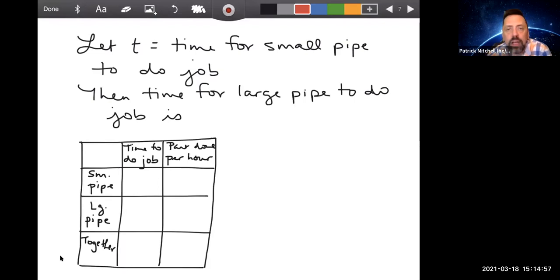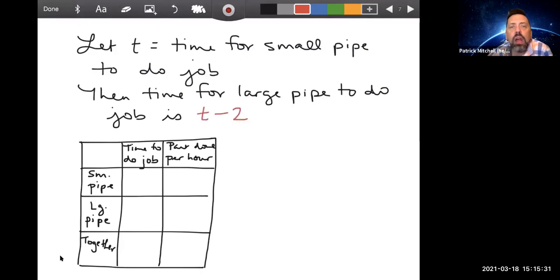Okay, so my first question for you is, if the time it takes the small pipe to do the job alone is called t, then what should we call the time for the large pipe to do the job alone? Well, the problem said that it takes the large pipe 2 less hours to do the job alone than it takes the small pipe. So that means the time for the large pipe to do the job alone, we should call that t minus 2.